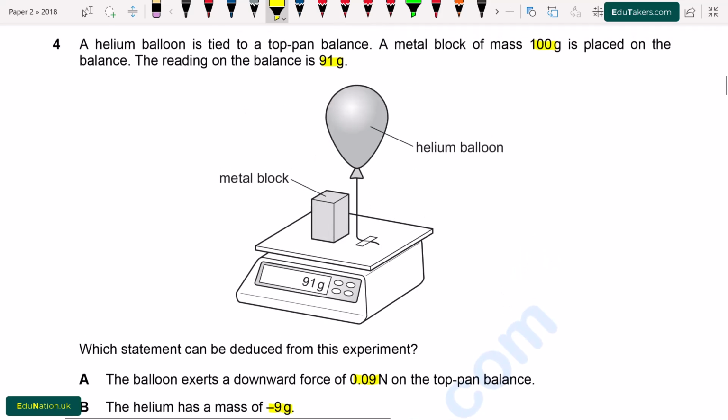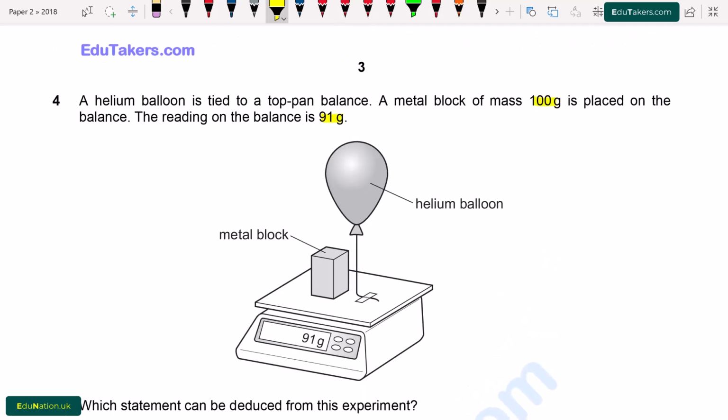First of all, here two masses are given. The metal block has mass 100 gram, and when it is placed on the top pan balance, the reading on the balance is 91 gram.